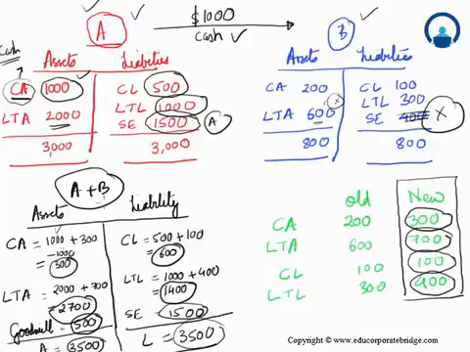And when we added the balance sheet of B, we didn't take the old book value, but we took the fair market value, which was 300. So we added this 300 here. Likewise, the long-term assets of 700 was added here. So we have added only the fair market values of the balance sheet of B.